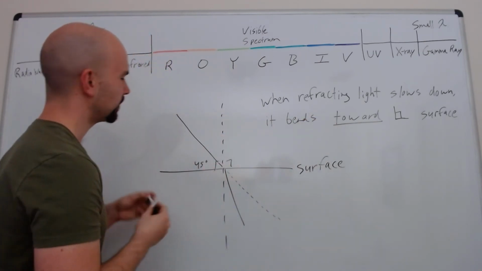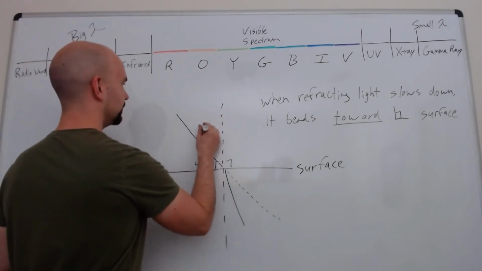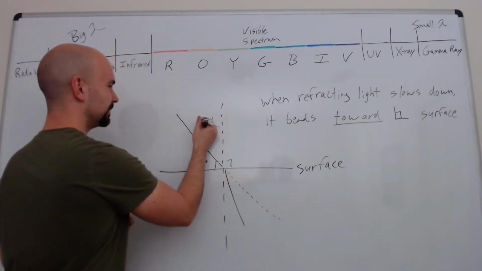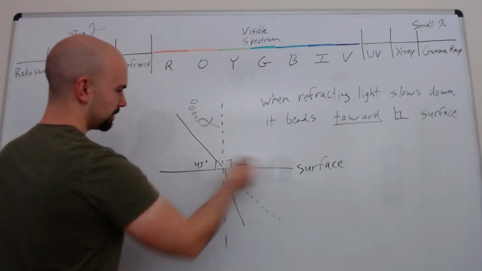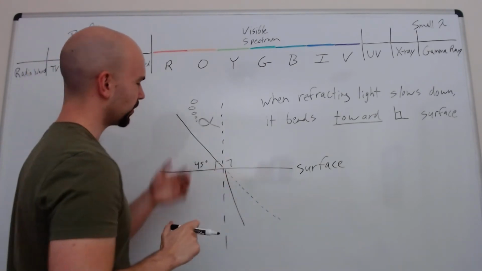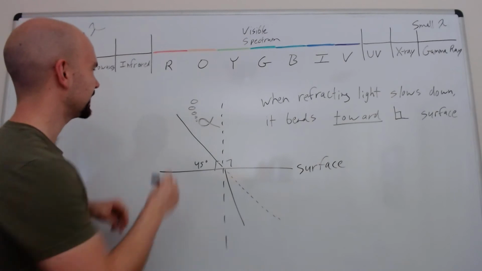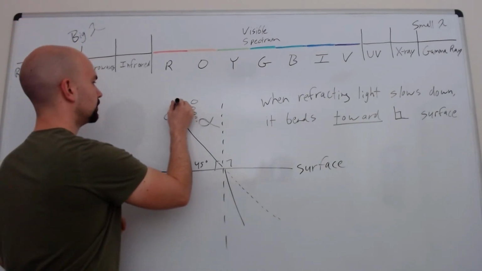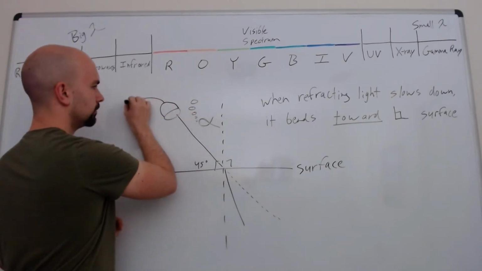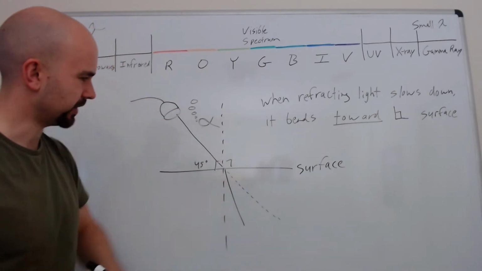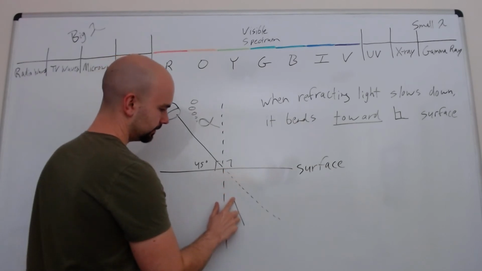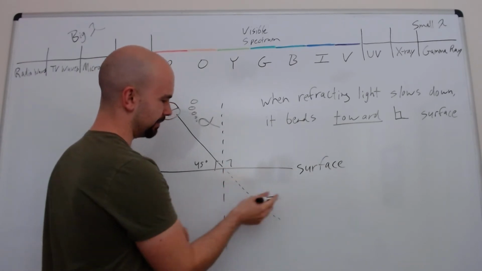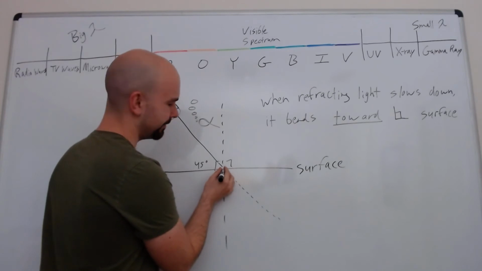So pretend that this was a fish tank, and this is the bottom of the fish tank, and there's no gravel, no sand or anything like that. If I shone a light through the water of the fish tank, then as the light came out the bottom, the light would speed up in the air, and so it would actually bend away from that perpendicular line.